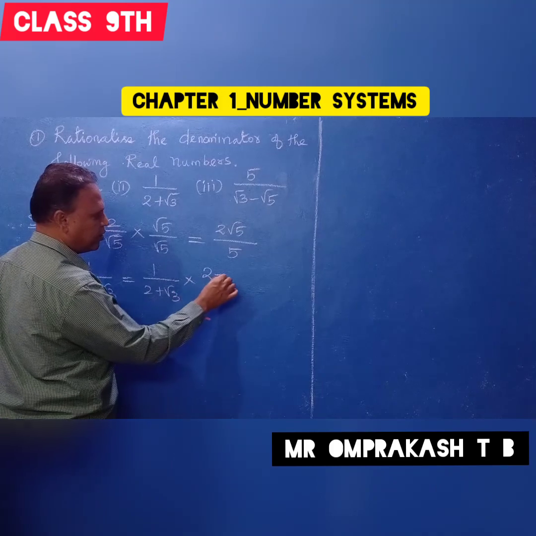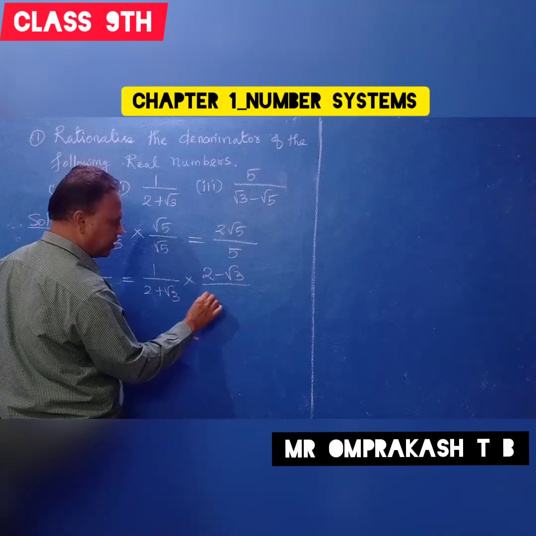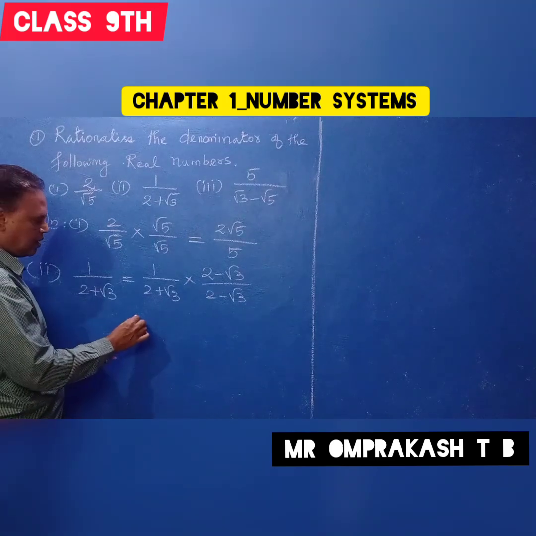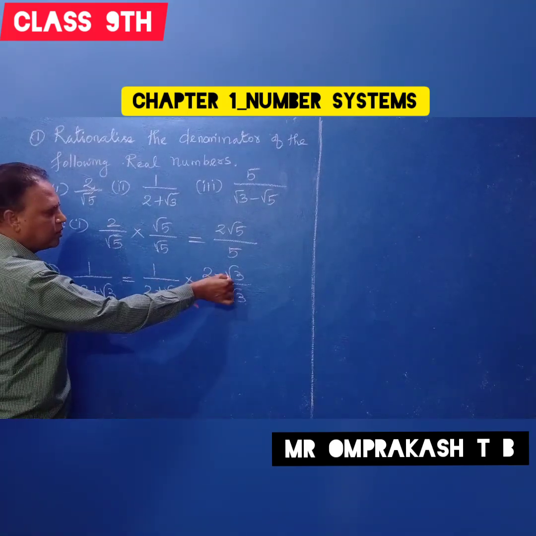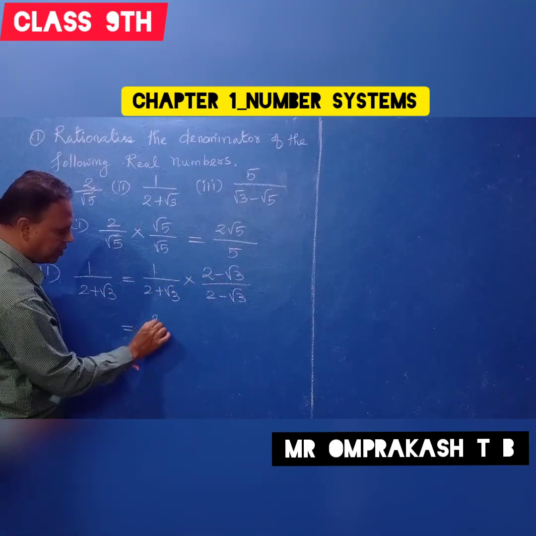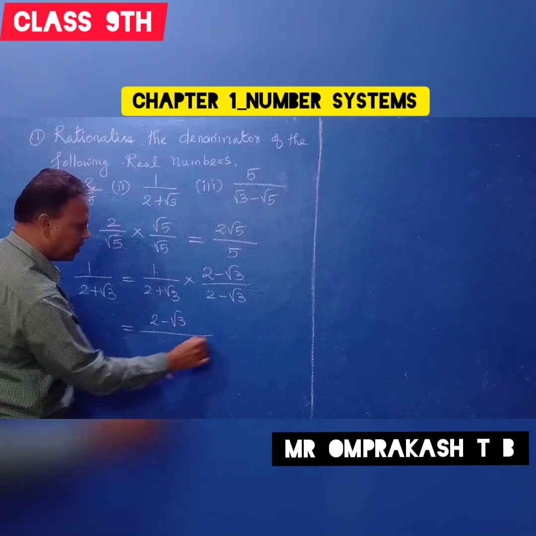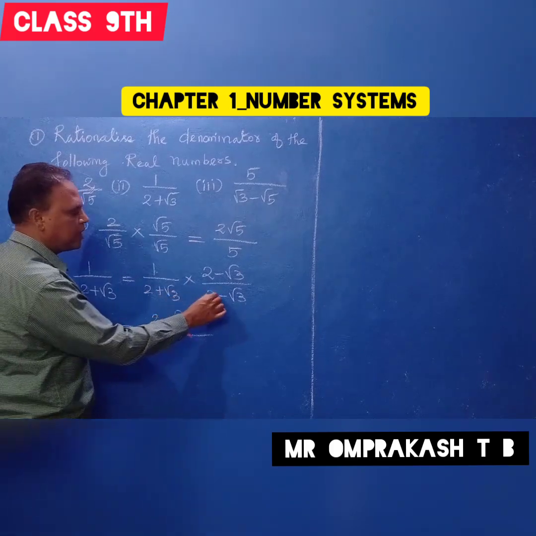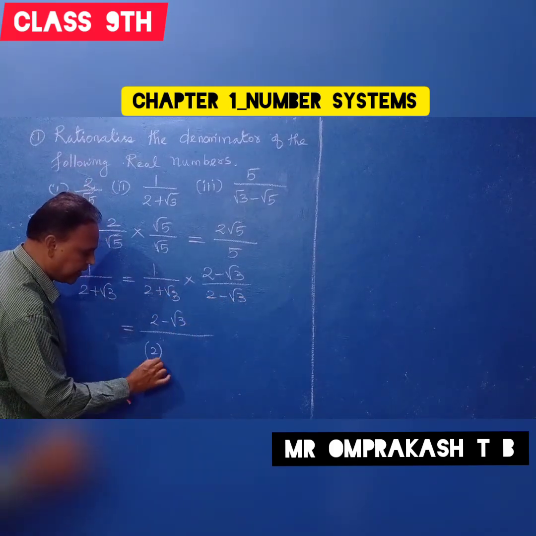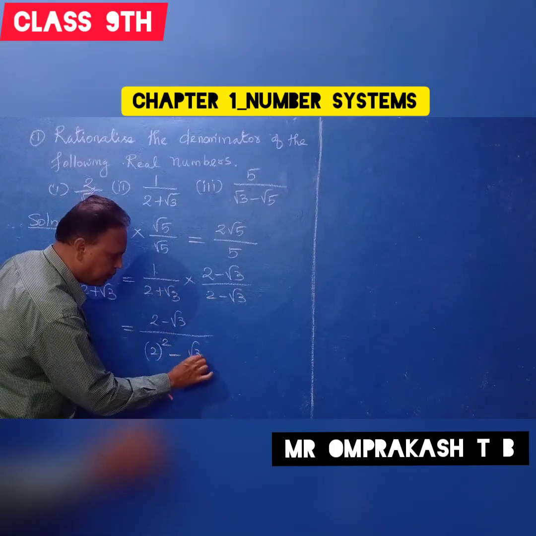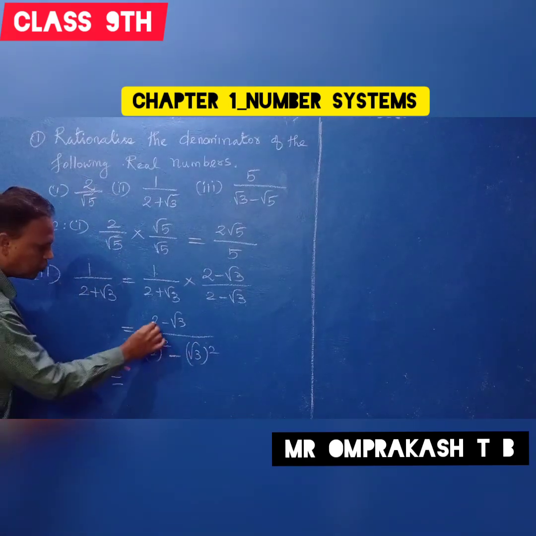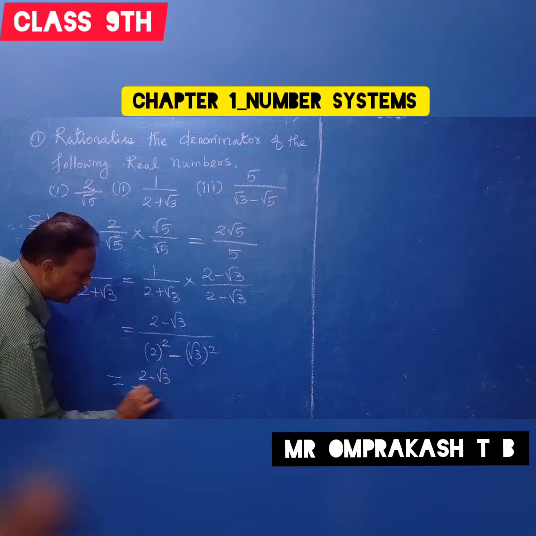Multiplying numerator into numerator gives 2 minus root 3. The denominator is of the form a plus b into a minus b, so a squared minus b squared.